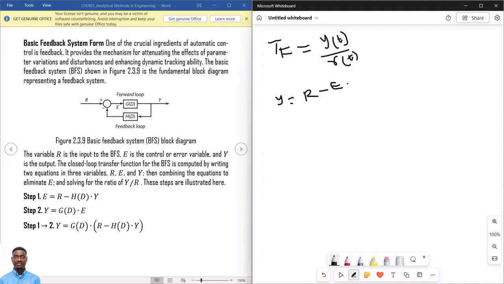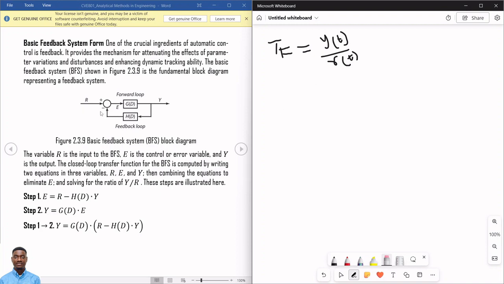So that will be E into G, E into GD, because E runs into this, to get that value. But let me not complicate the maths so that we just get an understanding of it.